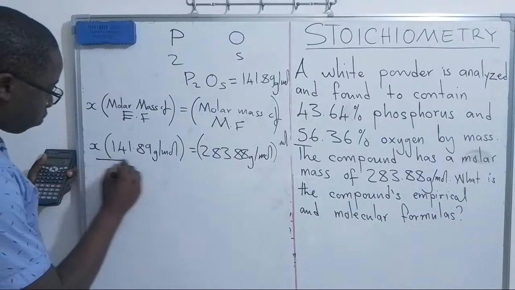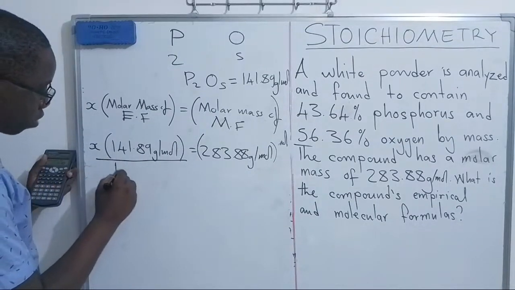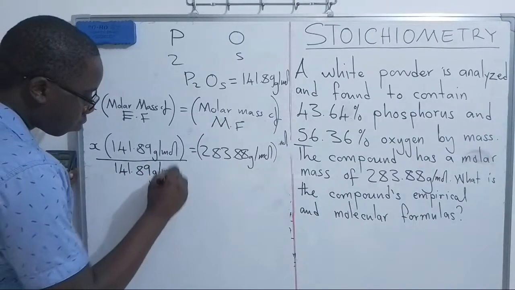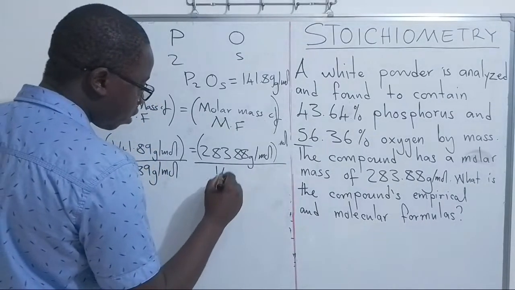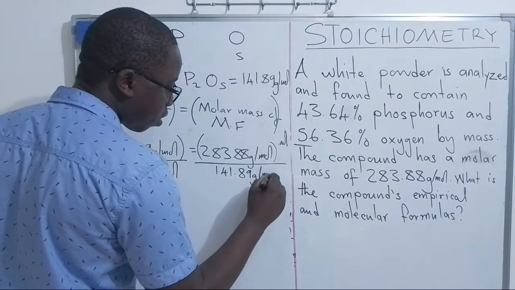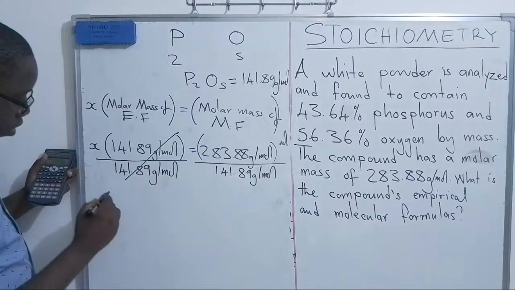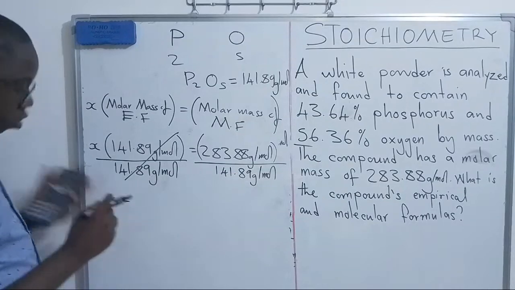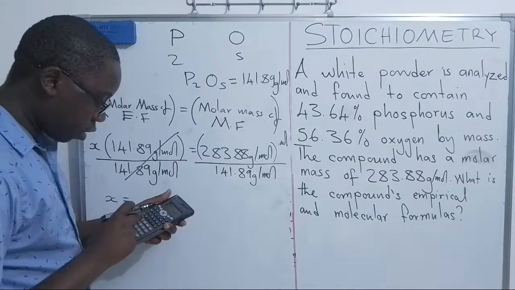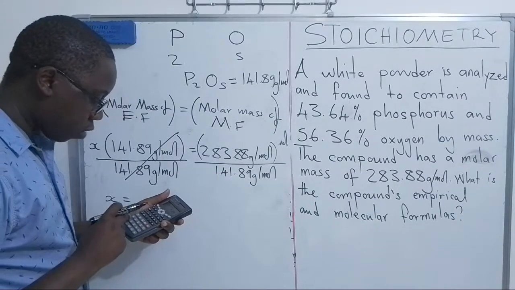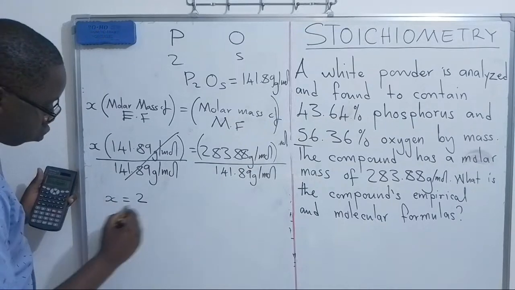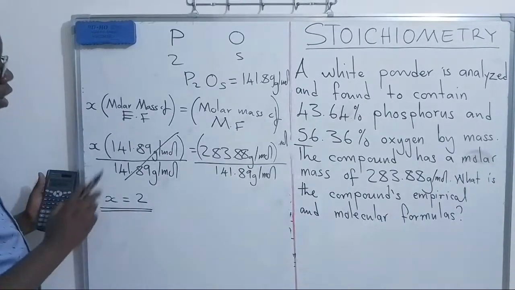At this point we divide both sides by 141.89 grams per mole, so X is equal to 283.88 divided by 141.89, which gives the answer of 2. So the multiplying factor is 2.